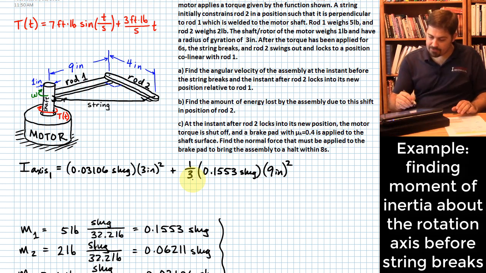All right, so now we've taken care of the shaft and rotor. We've taken care of rod 1. Now what we need to do is add on the effect of rod 2. Now we don't have anything that's nice and clean just yet for rod 2, so what we need to do is express it in terms of the moment of inertia for rod 2 about its own CG, and add to that a parallel axis theorem component.